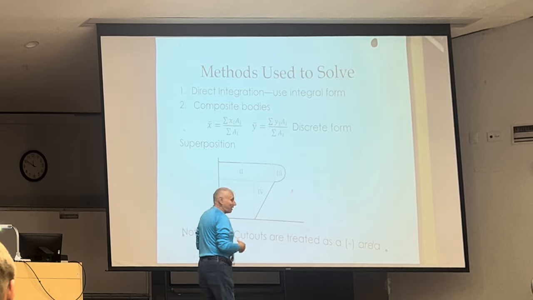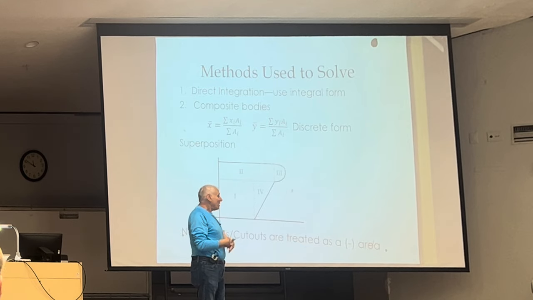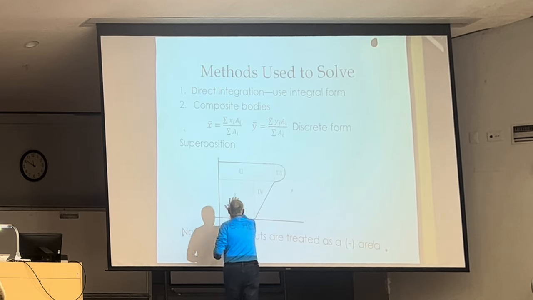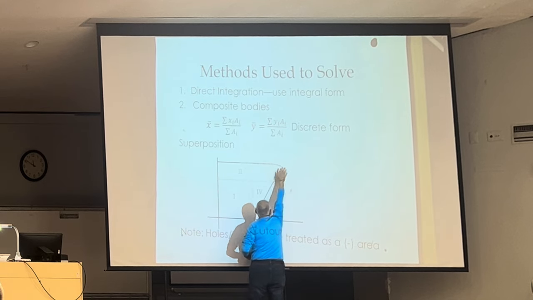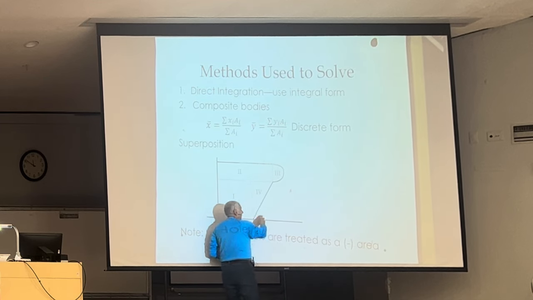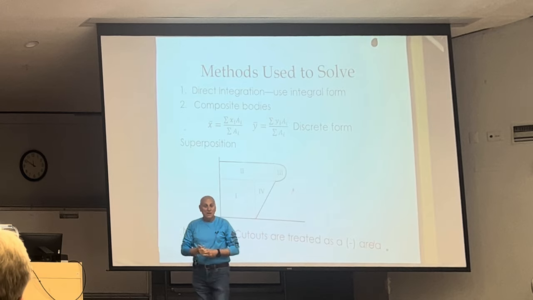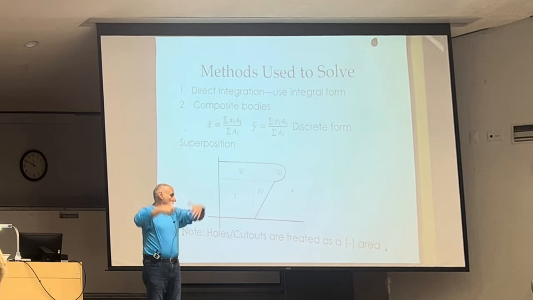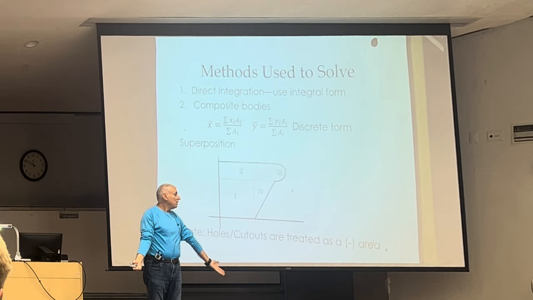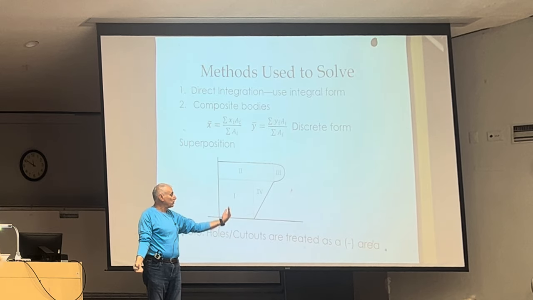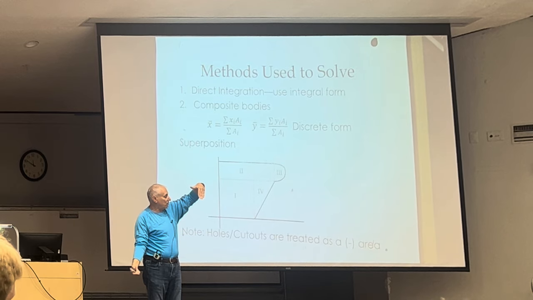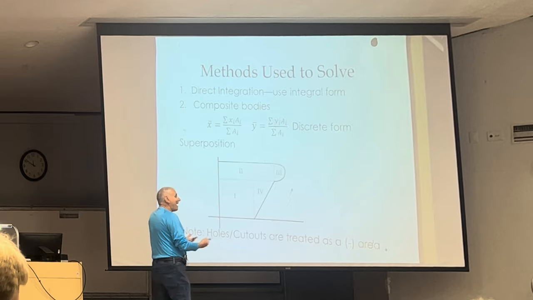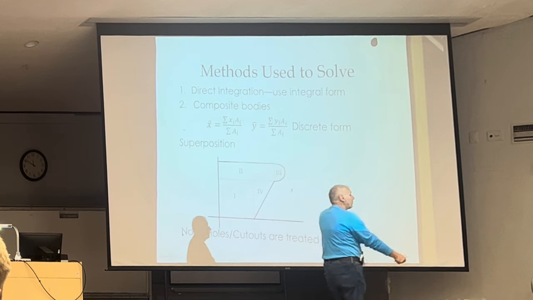Let me break it up into pieces that I can digest and see pretty easily. So I'm breaking it up into area 1, a square, a rectangle, a semicircle, and a triangle. If I add up the area of 1, 2, 3, and 4, I'm going to get the total area, right? So all I did was superimpose a triangle, a rectangle, a semicircle, and a triangle to get the overall area. That is, in essence, the principle of composite bodies.